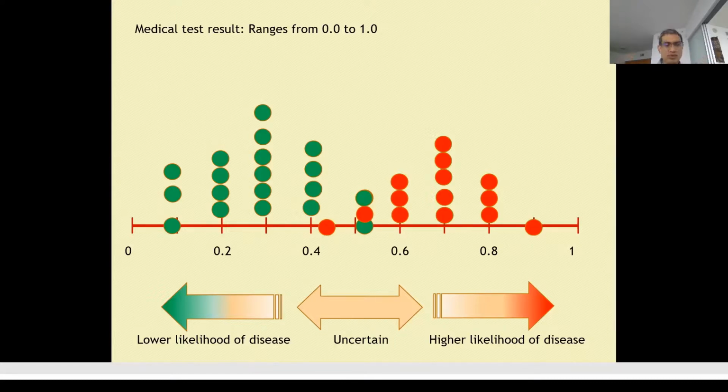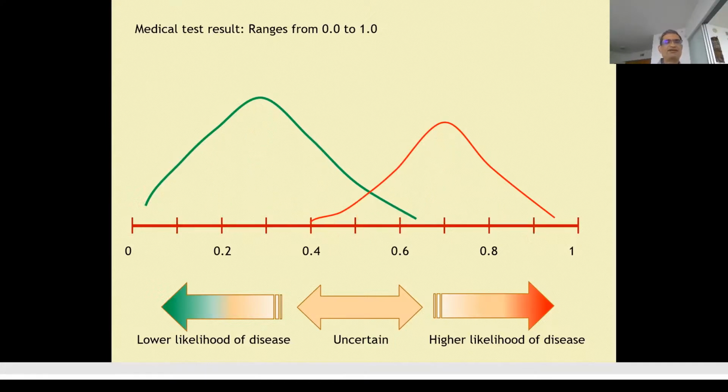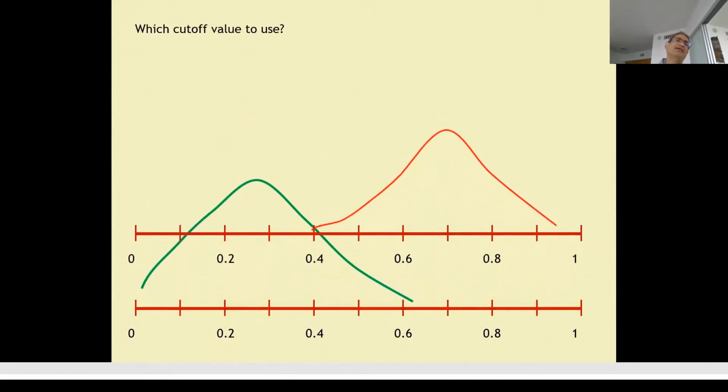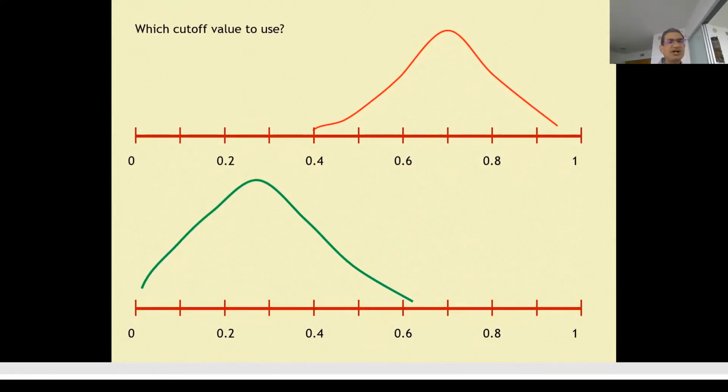So we now have two overlapping distributions. And for ease, sometimes we like to represent those distributions like this. If we have this, we can remove all the dots so that the curves and the distribution are a little easier to work with. Now, with this in mind, we can start asking ourselves, which cutoff value should we use?